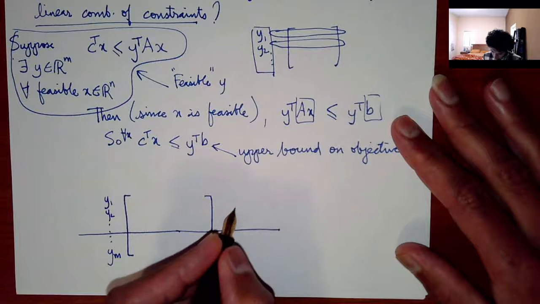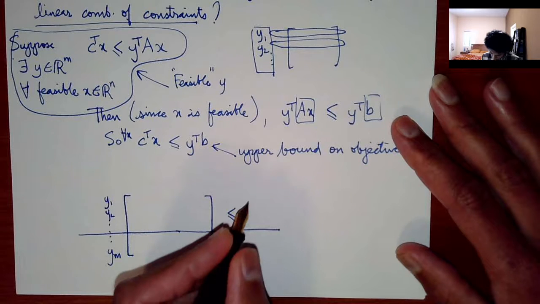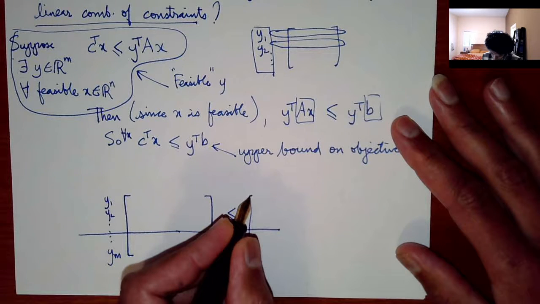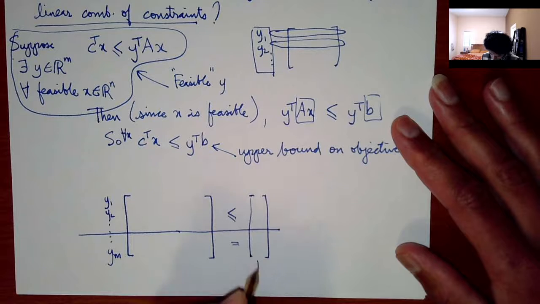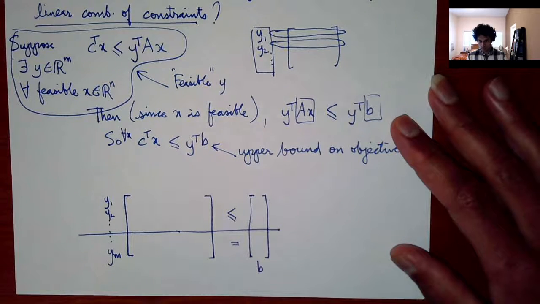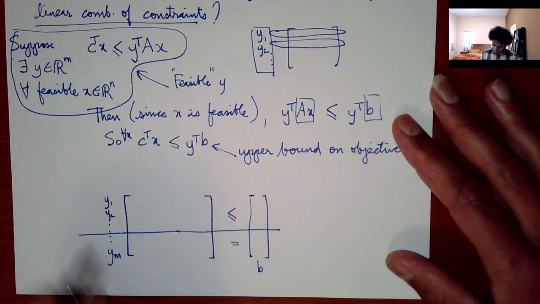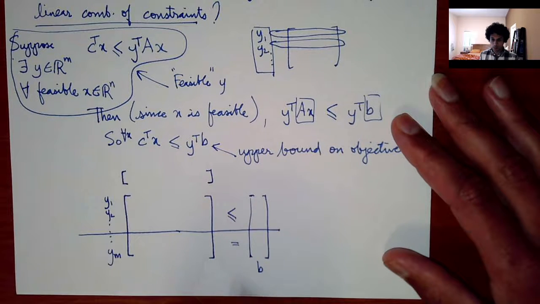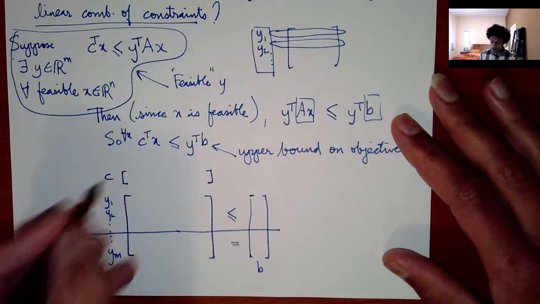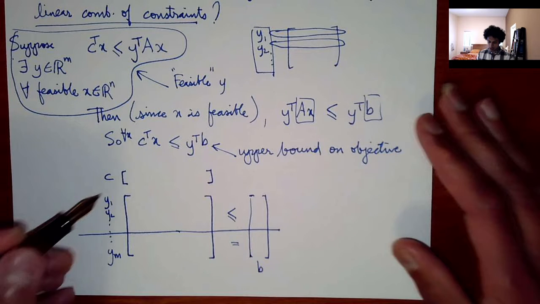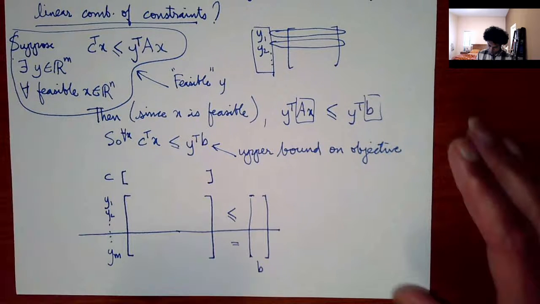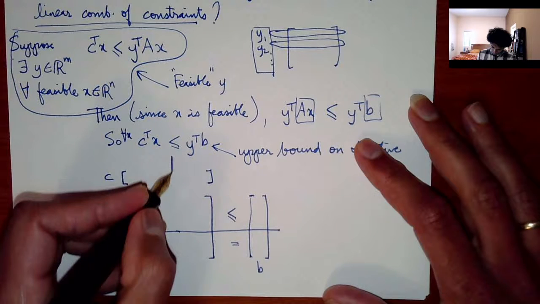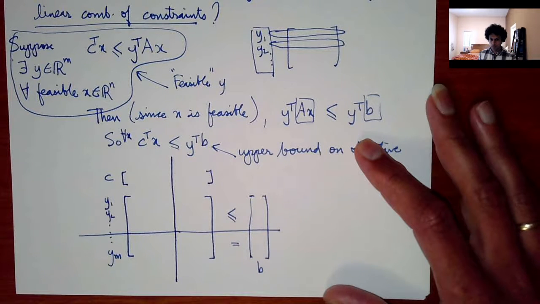Remember, this is sort of less than or equal to, and this is the equal to. Here's b over here. And for convenience, I'm going to write c up here. C is just a vector. Remember, the dimensionality of C is exactly n.